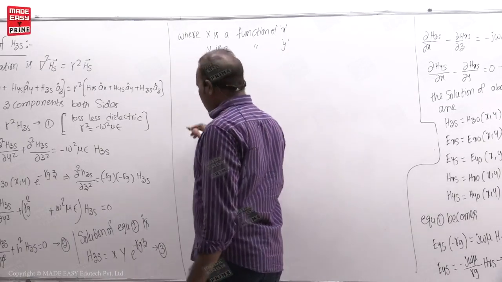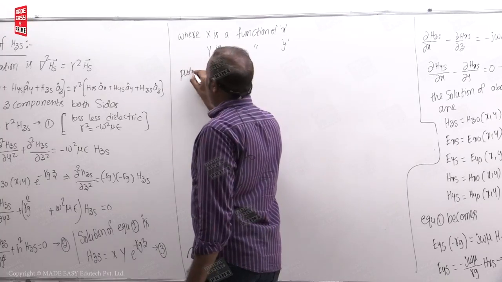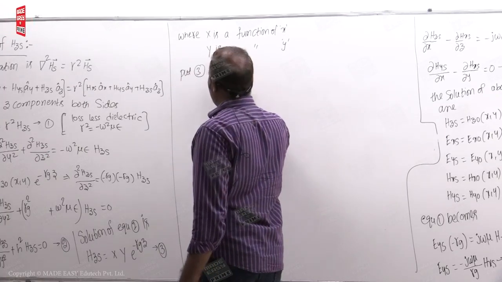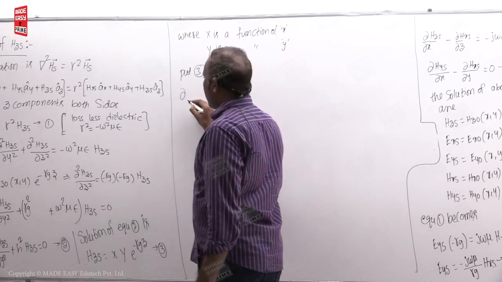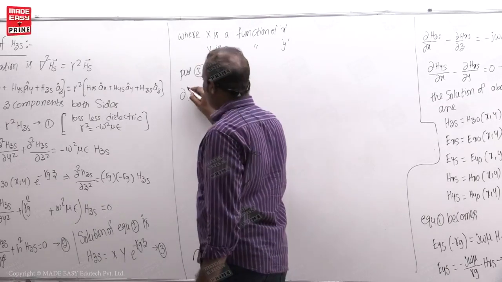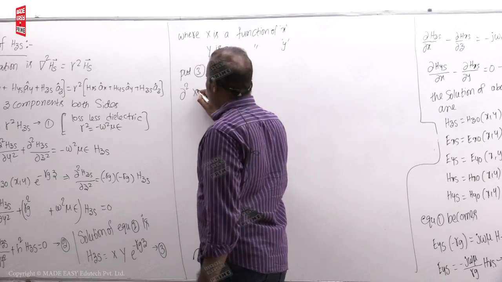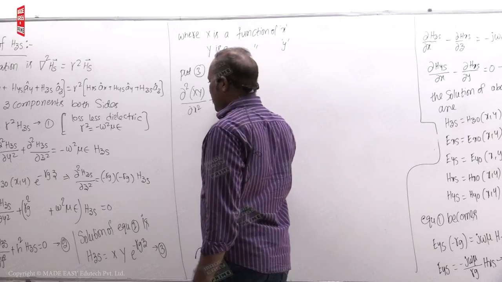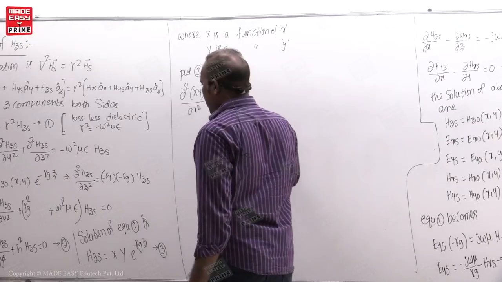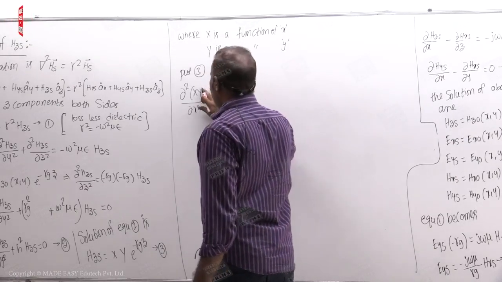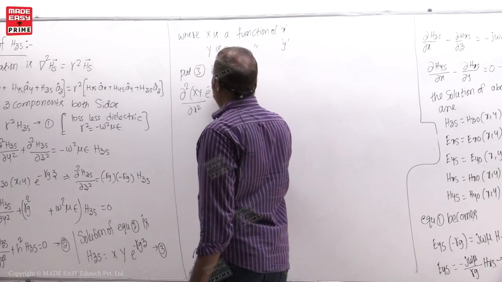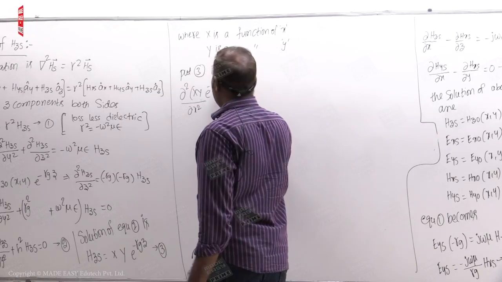Now, put equation 3 in equation number 2, then we get dou square XY divided by dou x square plus, of course students, here e power minus gamma g into z is also present.